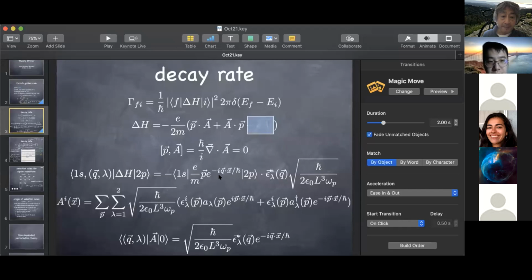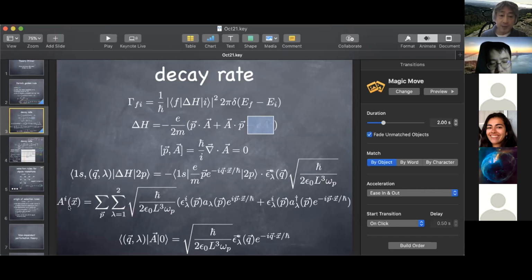This is from Wednesday, and this is the expansion of the vector potential in creation and annihilation operators. So the idea was to quantize the vector potential as a field, which is basically like x in the harmonic oscillator. So that can be expanded in terms of a sum of annihilation and creation operators.